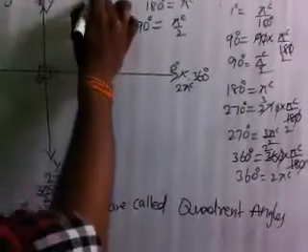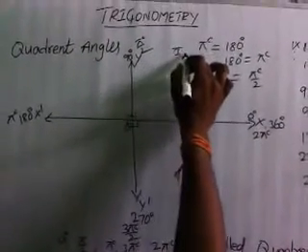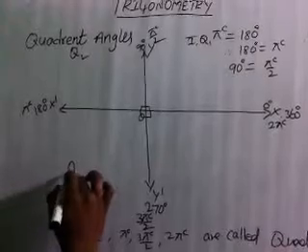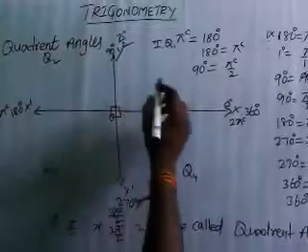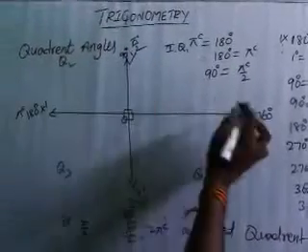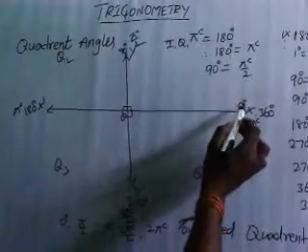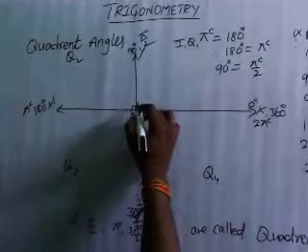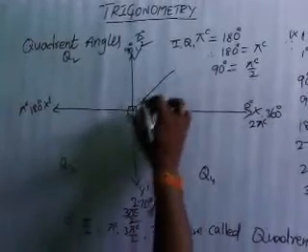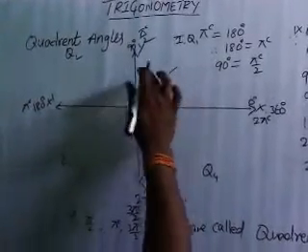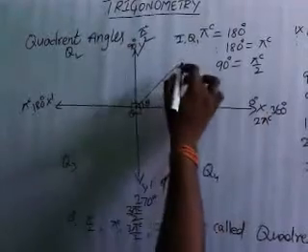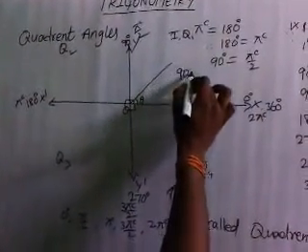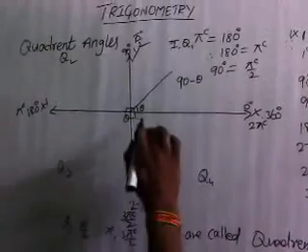Now this is the first quadrant, represented by Q1, this is Q2, this is Q3, this is Q4. In the first quadrant, the angle lies between 0 degrees and 90 degrees. If you take any angle here like this theta, that angle always lies between 0 and 90. So in the first quadrant the angle is below 90, so we can write 90 minus theta.